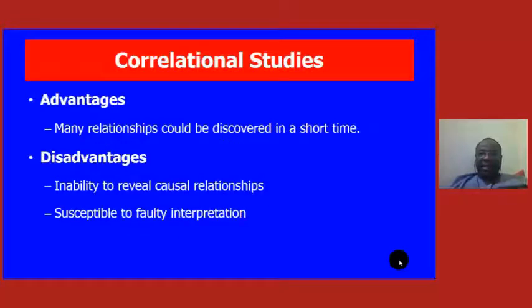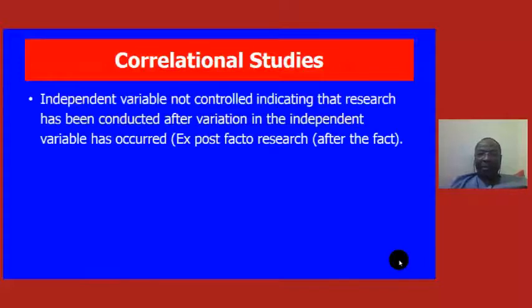The advantage of this is that many relationships could be discovered in a short time, compared to interventional or experimental designs, which need a long time. The disadvantage is the inability to reveal causal relationships and the susceptibility to faulty interpretations.